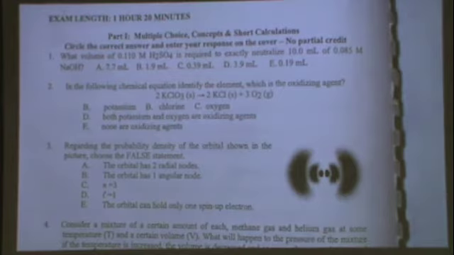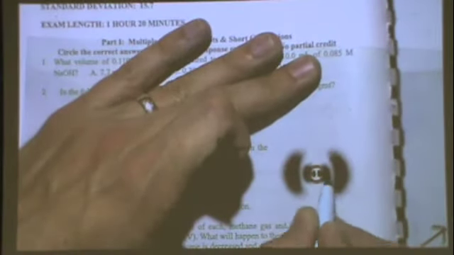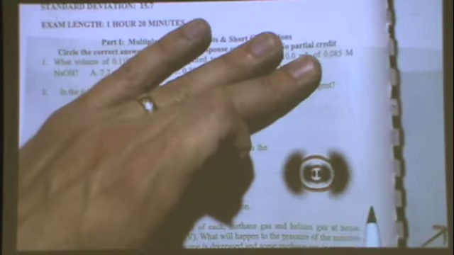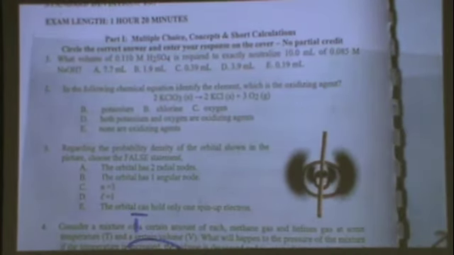One, does this have 2 radial nodes? That's true. Let's see if I can draw them in here. One's here. You're looking for circles, right? Radial big circles. Okay? Does it have an angular node? That's true. It's right here. This is a p orbital.